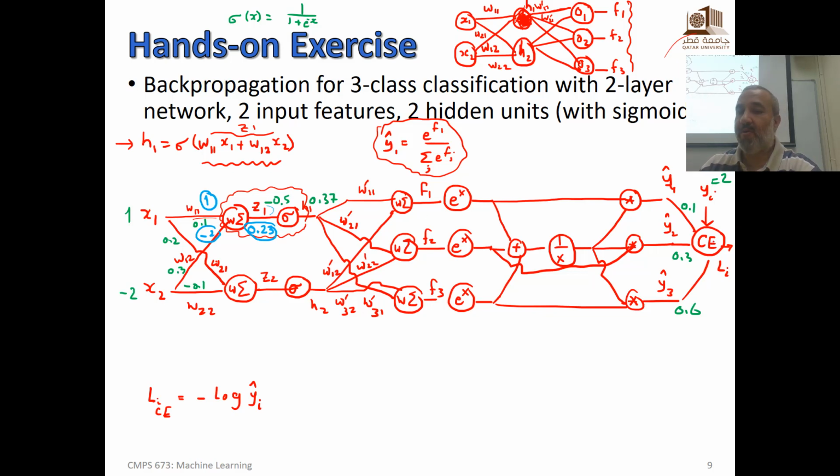Now, will the local derivative be minus 1 over each of these inputs? No, because only one of them is used, right? So this one only is used, because the yi was 2. So the local derivative here will be minus 1 over 0.3. This is the local derivative for y2 hat.